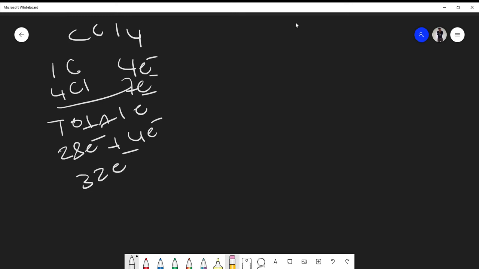So remember again, we said that the central atom is usually the first atom in the molecular formula, which would be carbon. So let's go ahead and place our carbon.